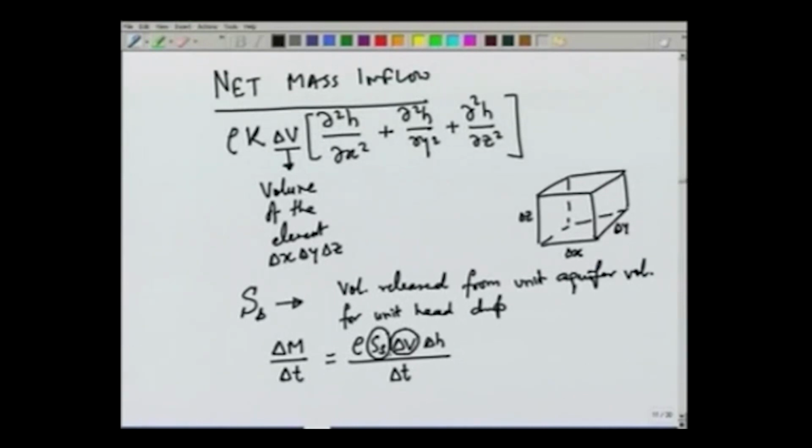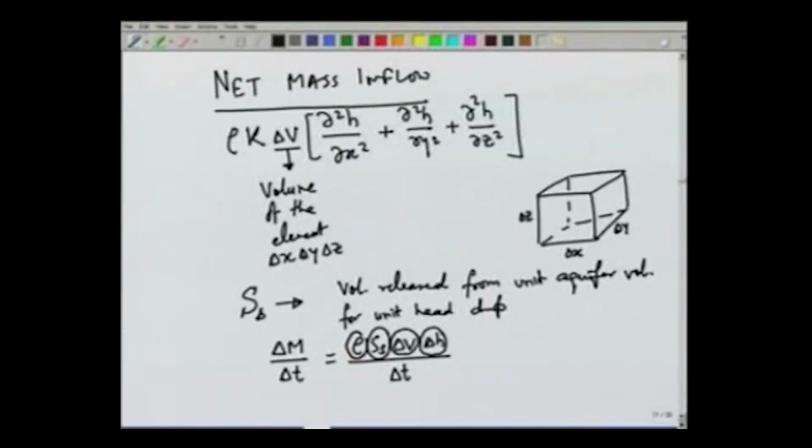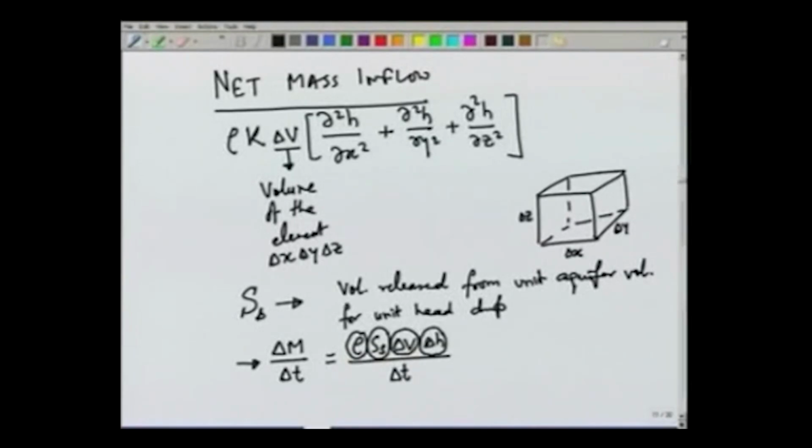Ss is per unit head drop, therefore, we have to multiply with delta H. Ss gives us the volume and therefore, we multiply with rho to get the mass. So, the change of mass per unit time in the elemental volume, delta m by delta T, can be related with the specific storage Ss, the density, delta V, delta H and delta T.